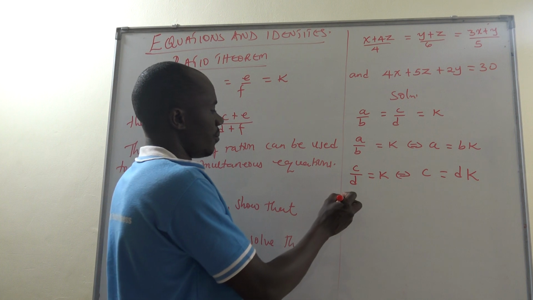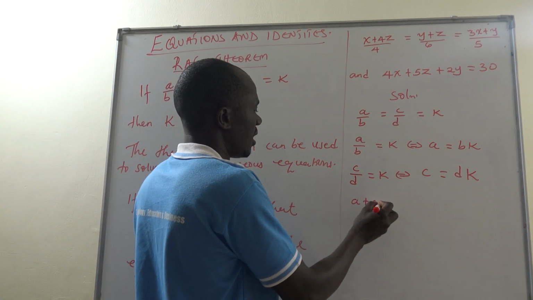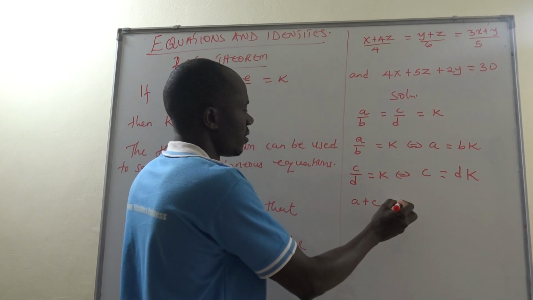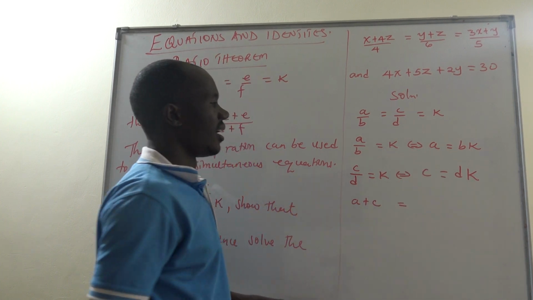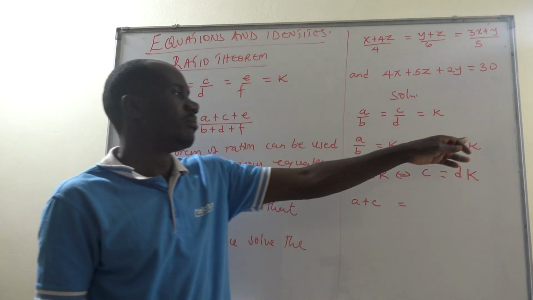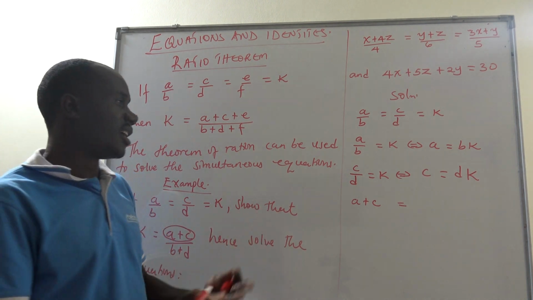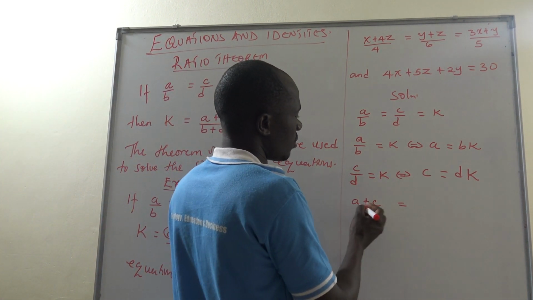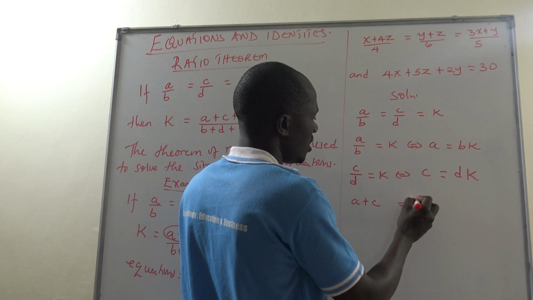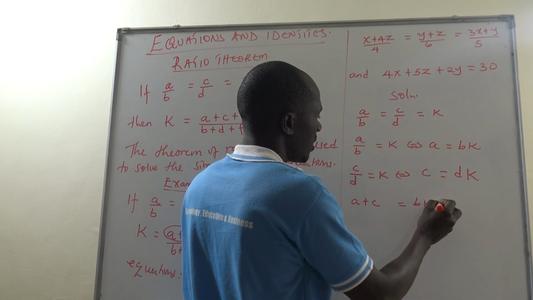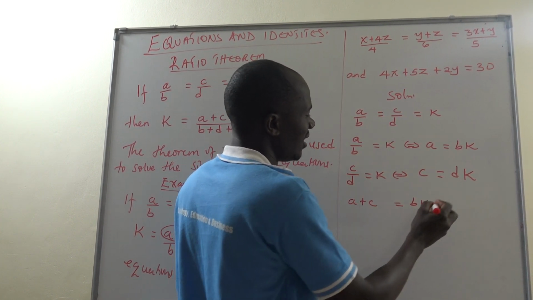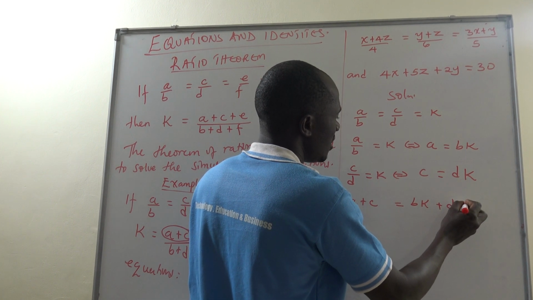Then from these ones we can start, and I can say A plus C equals, because these are the two things which I have, when I add the two, I can say maybe 1 plus 2. So what is A? A is already BK. We are substituting that. Our A is already BK plus, do we know our C? Our C is already DK.